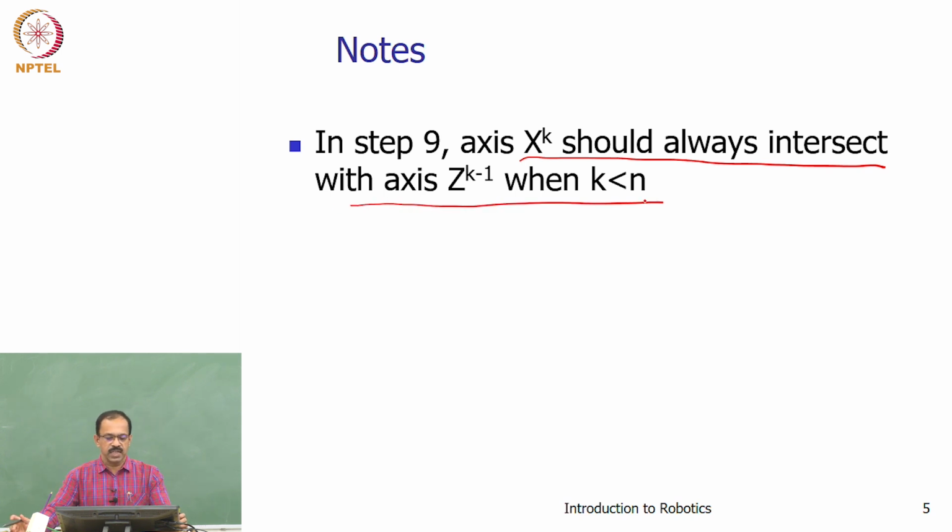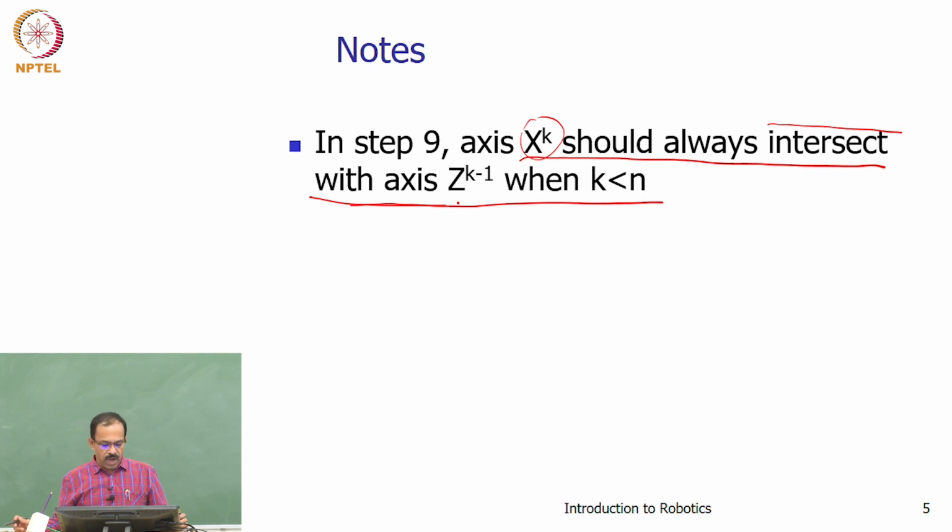We found that XK should be orthogonal to ZK and ZK minus 1. That was one condition we mentioned, and if they are parallel you have to keep it away from ZK minus 1. Another condition is that it should always intersect with the axis ZK minus 1.